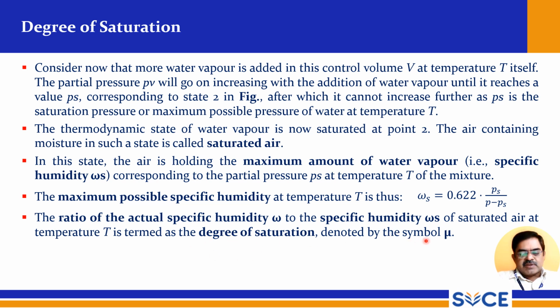It is denoted by the symbol mu, and thus mu equals omega by omega s. That is equal to Pv by Ps into (1 minus Ps by P) divided by (1 minus Pv by P). This is another relation with which we can calculate degree of saturation.